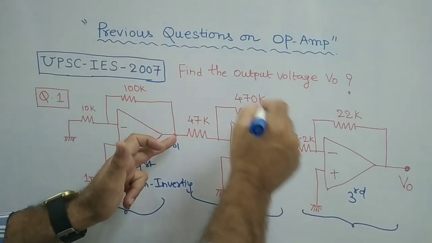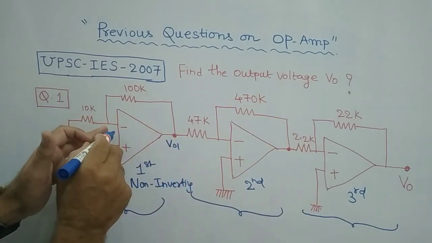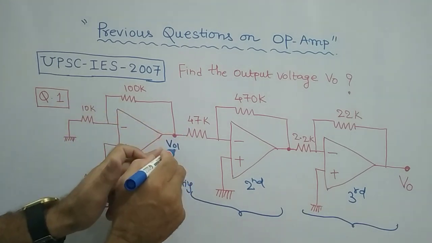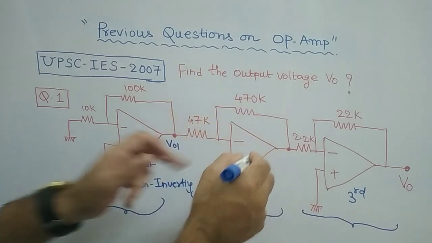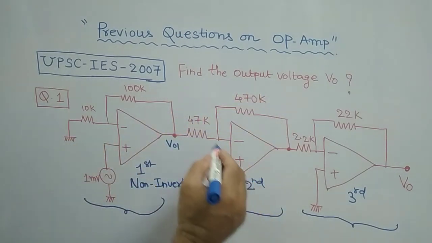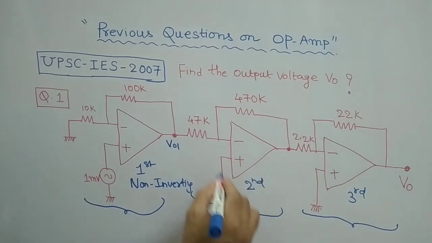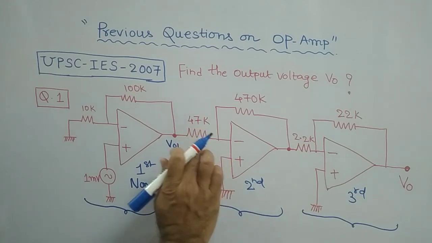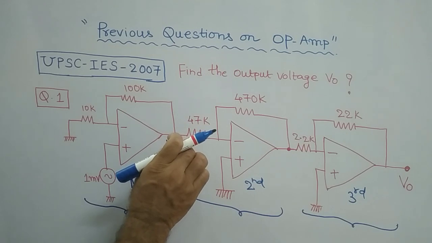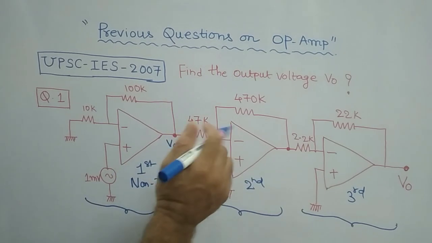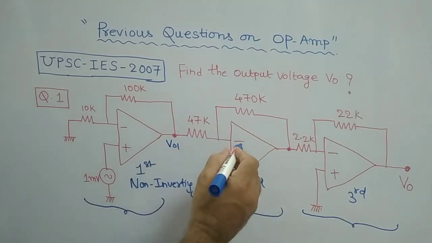Now consider the second stage. Whatever the output of the first stage, that V01 becomes the input to this second stage. Here the positive terminal is grounded, and the input is applied to the minus terminal.